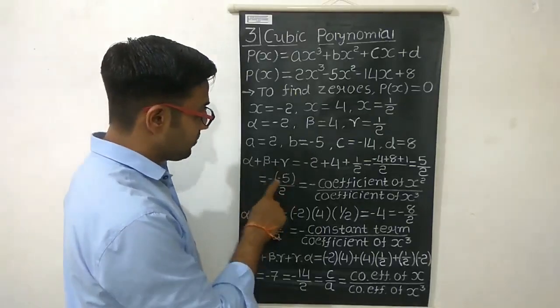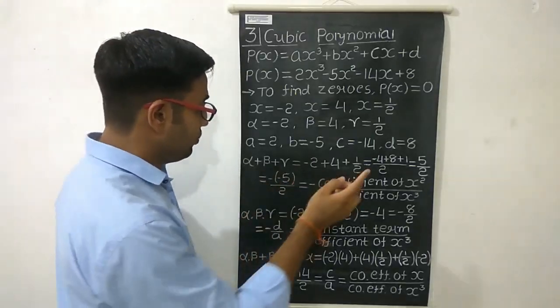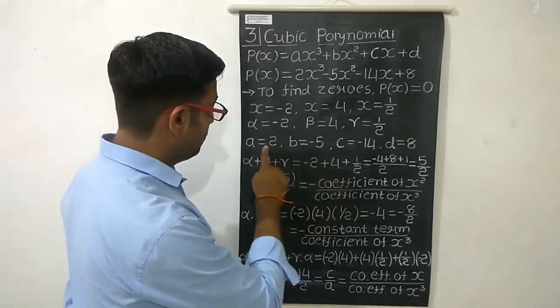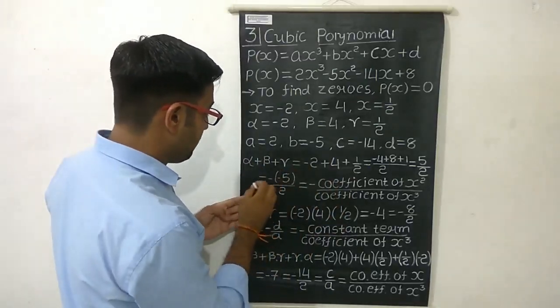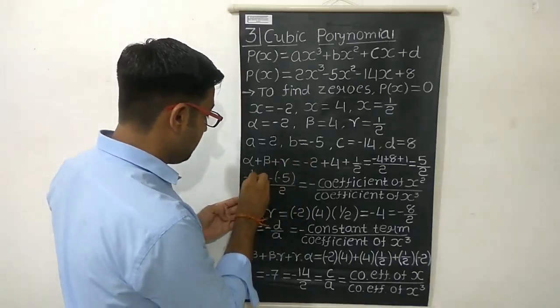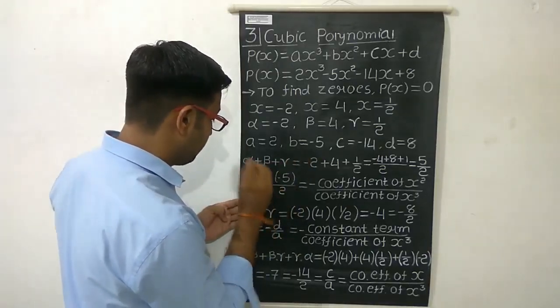Now this minus 5 is B and this 2 is A, with the minus sign remaining as it is.